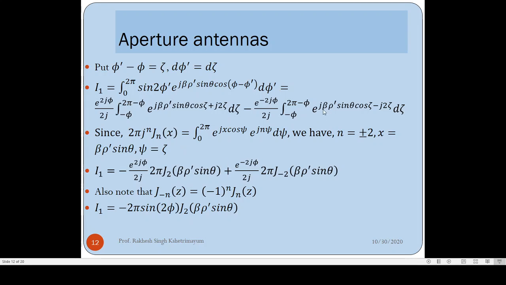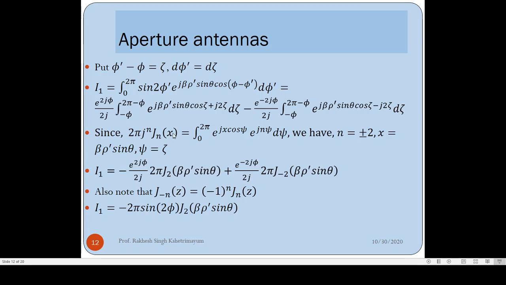And similarly you can also do it here, n becomes minus 2 now, so 2 pi j to the power minus 2 will become minus 1, and this minus and minus will become plus, because 1 by j square is 1 by minus 1.